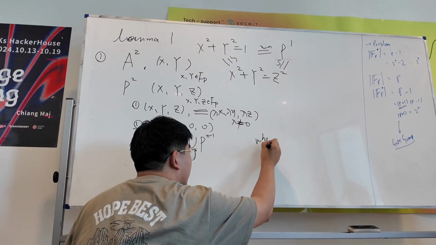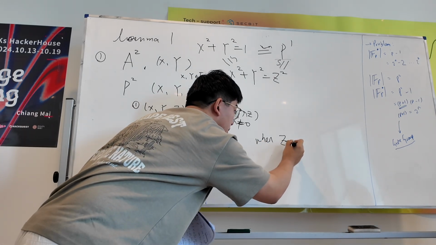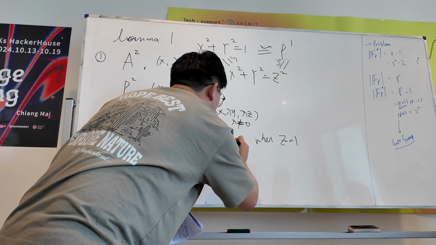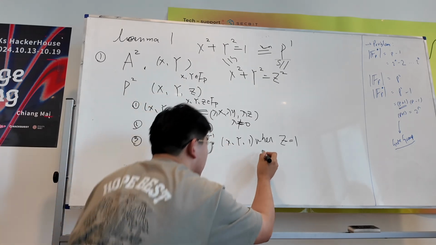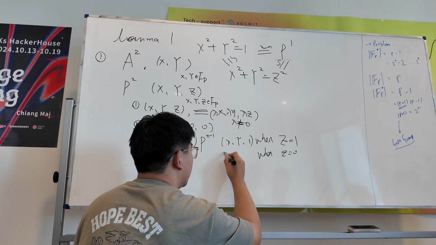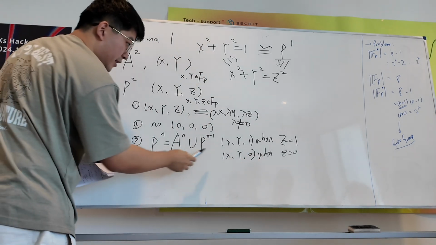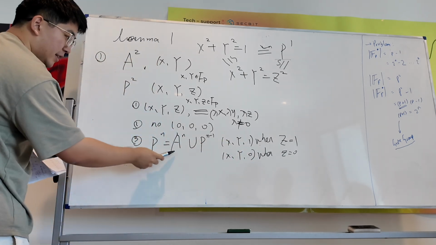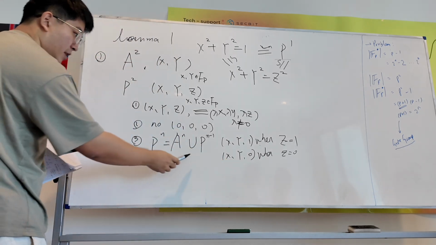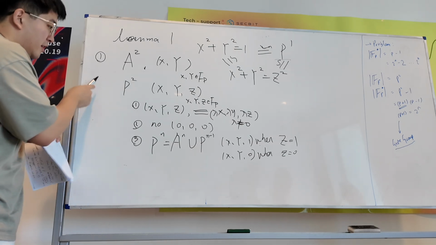The first case is when z is equal to 1, and we have this one. The second case is when z equals 0, and we have this space. We can see this case is exactly the affine space of n dimension, and this case is another projective space with lower dimension.